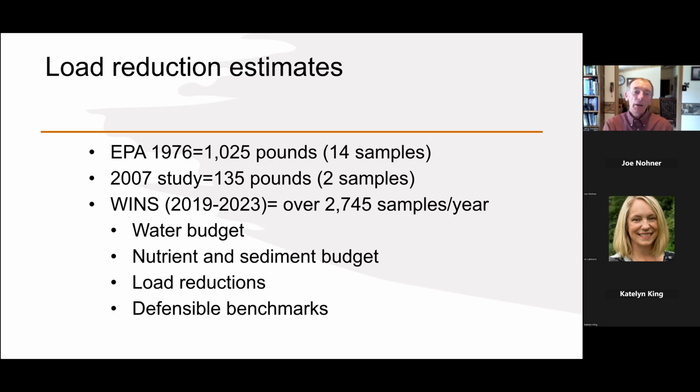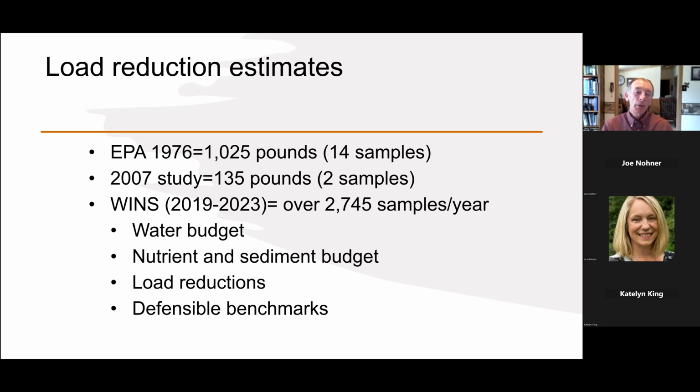Now I'm jumping ahead a little bit into our study design for Lake Wawasee. It's called the WINS, or the Wawasee Inlets Nutrient Study, which we just finished our 5th year of. Each year we analyzed over 2,700 water samples. We were able to accurately determine, not based on a model or regional gauge stations, the water budget for the lake and the nutrient and sediment budget for the lake.